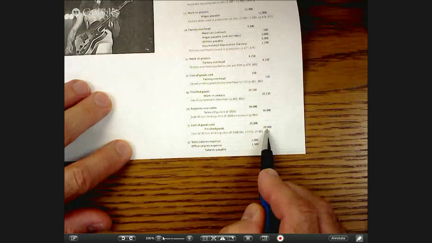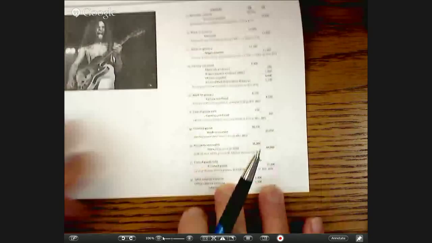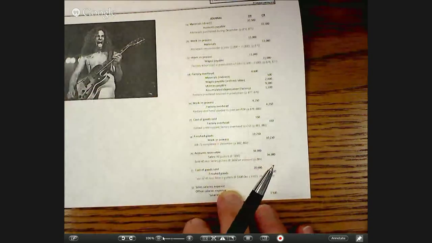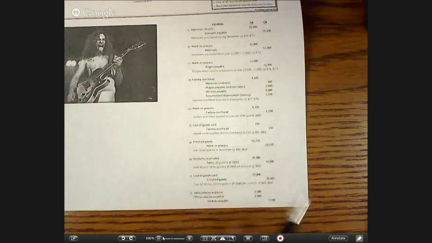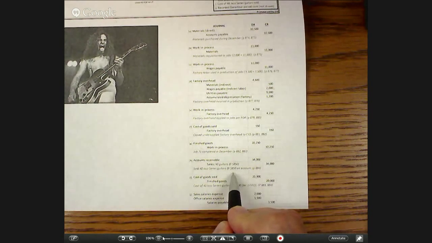Now, on page 884 of your textbooks, the company Washburn Guitars is selling its Jazz Series guitars for $850 each. And the guitars that were moved out of the warehouse to the stores, this particular job number 71, consisted of 40 guitars.